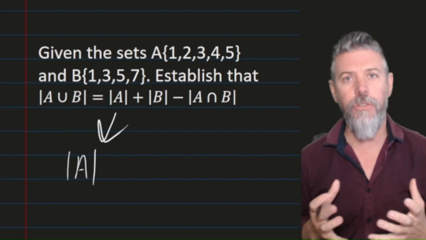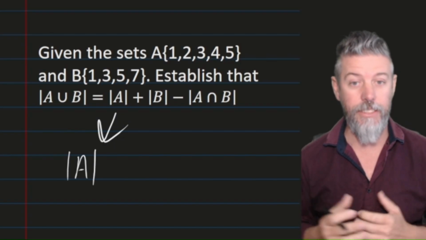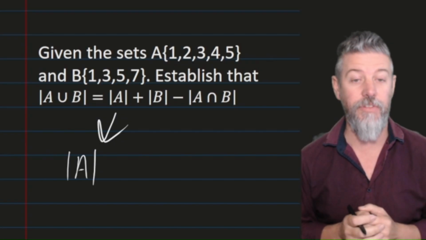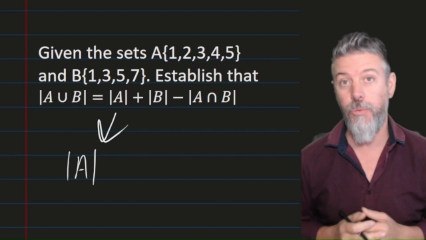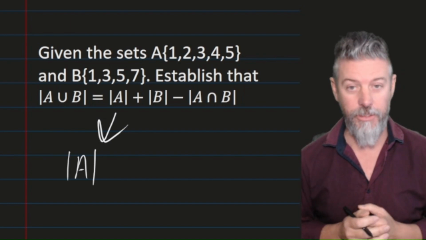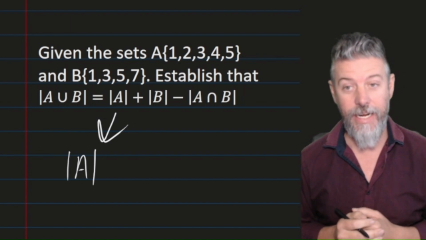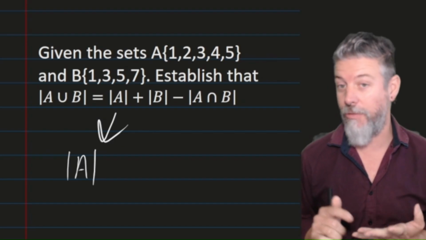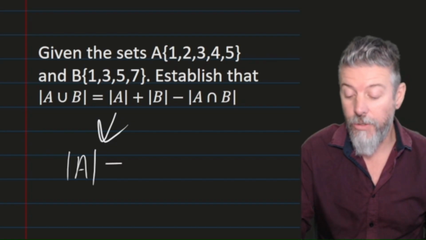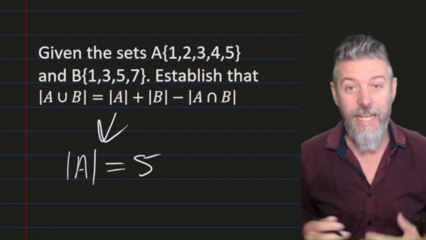Well, that's the same sort of concept you can bring into this idea of sets, in that this absolute value symbols around the sides of the A is saying, what is the actual size of this set? And the size of the set is simply how many elements are in it. So in set A, we can see there are 1, 2, 3, 4, 5 elements, which happen to be the numbers 1, 2, 3, 4, and 5. So the size of this set is 5.